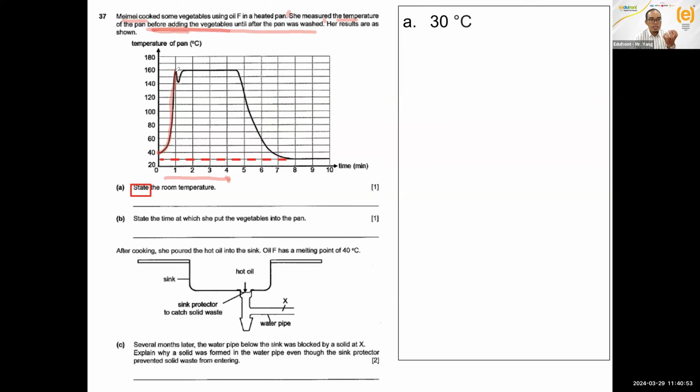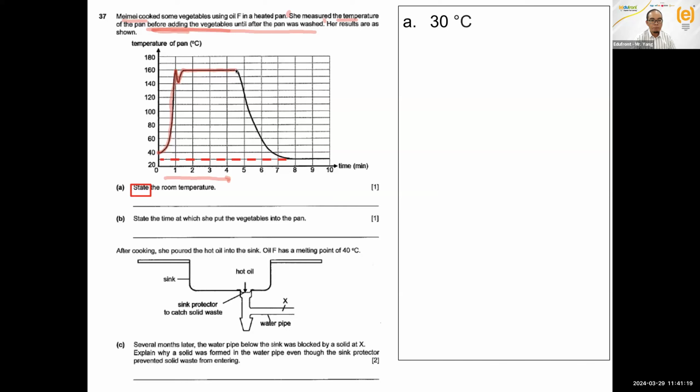Because the vegetable is cooler than the pan, there's a drop of temperature. The temperature of the pan drops slightly because you're adding something cold onto something hot. So the overall effect is that it decreases the temperature of the pan, but just momentarily. And then it goes up again until it reaches the maximum of 160 degrees.